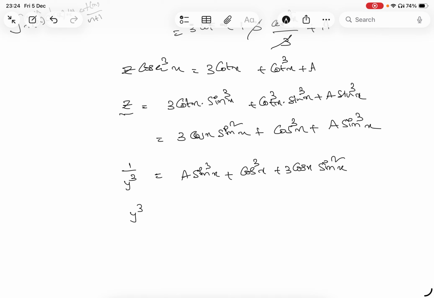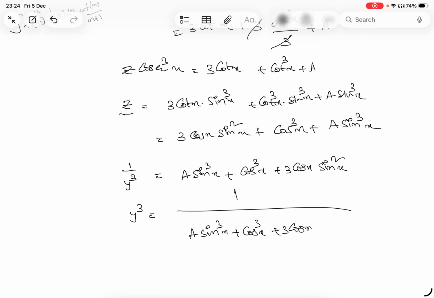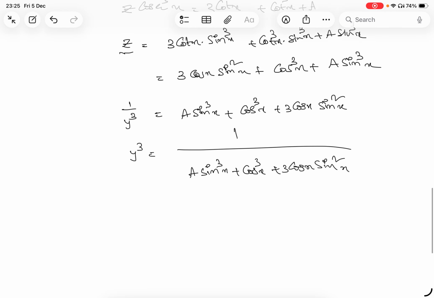Now this y cube becomes 1 by a sine cube x plus cos cube x plus 3 cos x sine square x. Right?